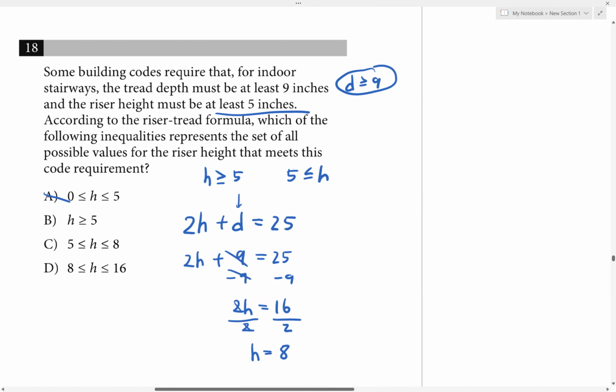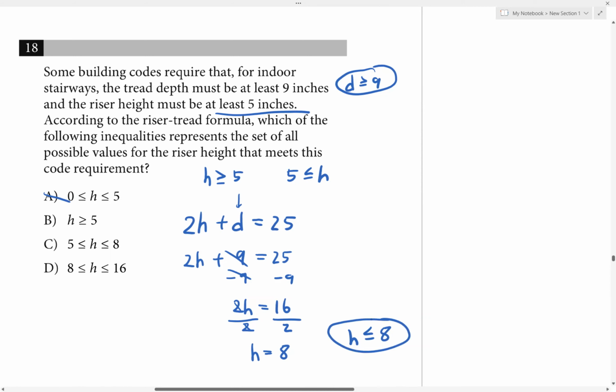And the total doesn't change from 25. So as D gets bigger, h has to get smaller, right? So that means the h value should always be less than or equal to 8. It can't be bigger than 8. That's not possible. So as D gets bigger, h will get smaller. So h should be less than or equal to 8.